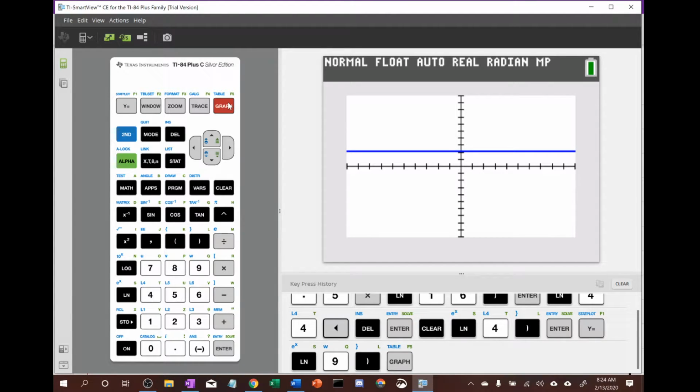It's a straight line. What that means is the natural log is a number. So if you have like a number like 4, 4 is a number, and the natural log of 4 is a number. Okay?